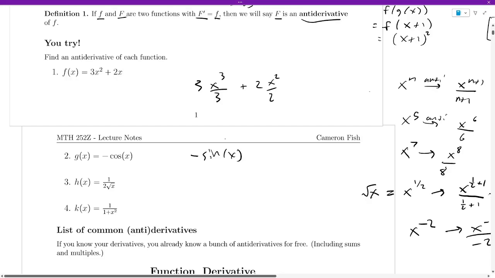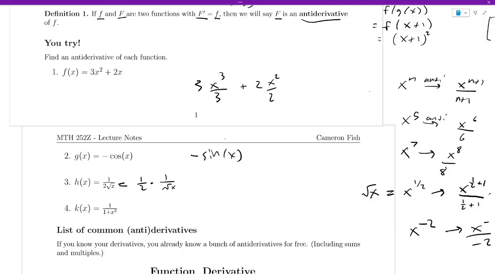Let's look at this one. Okay, so this is a great example of having a root in the bottom. So let's transform this into the different exponent version to make it easier to look at. First thing I'm going to do is pull the 1/2 out. So what do I mean? Remember, 2 in the bottom is the same as 1/2 out front. So I'll have 1/2 times the rest of it, 1 over square root of x.